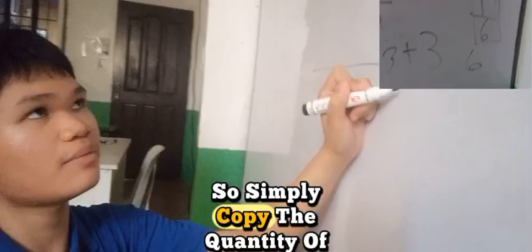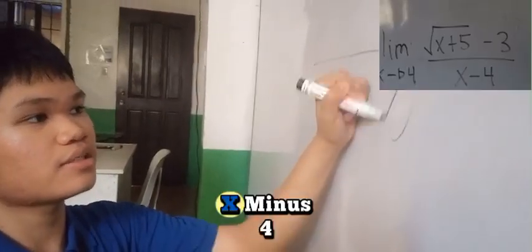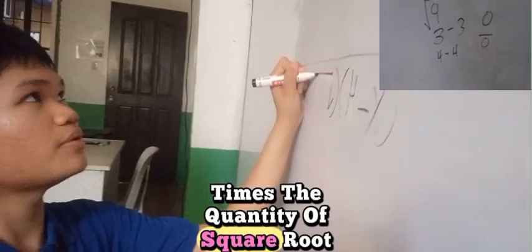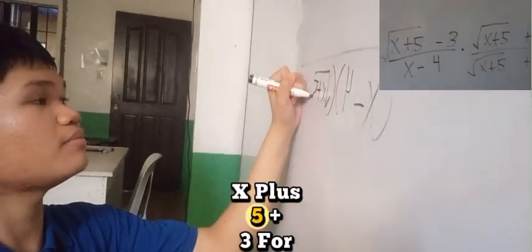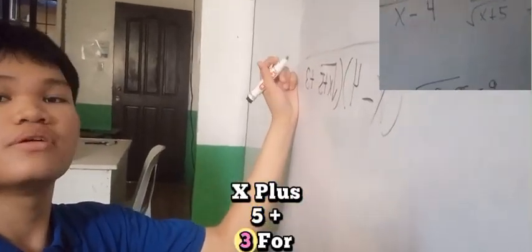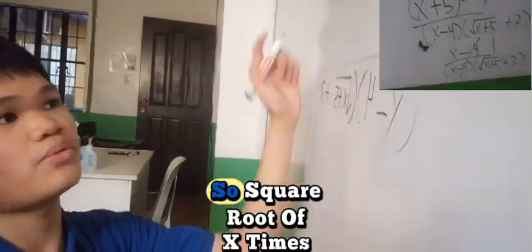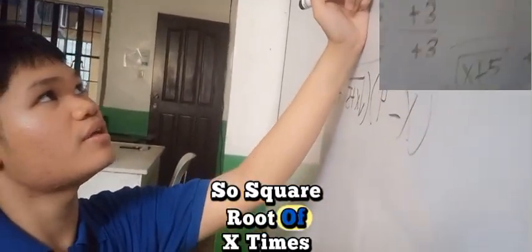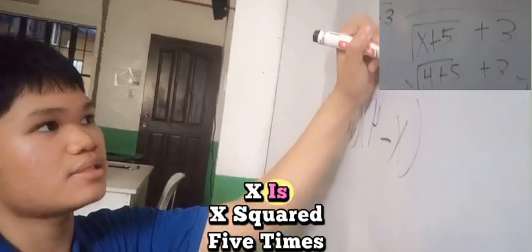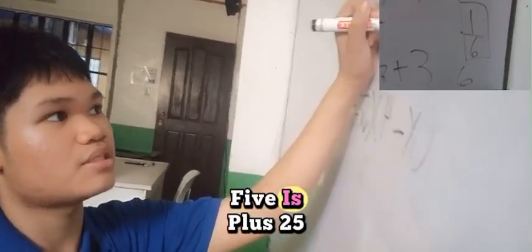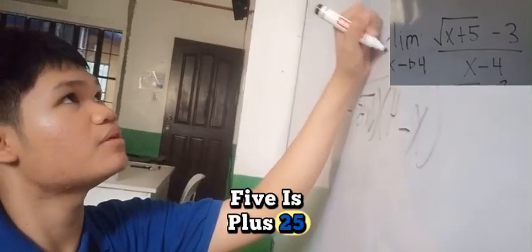Now the denominator: simply copy the quantity of x minus 4 times the quantity of square root x plus 5 plus 3. For the numerator, we will multiply the two conjugates. So square root of x times square root of x is x squared. 5 times 5 is plus 25.